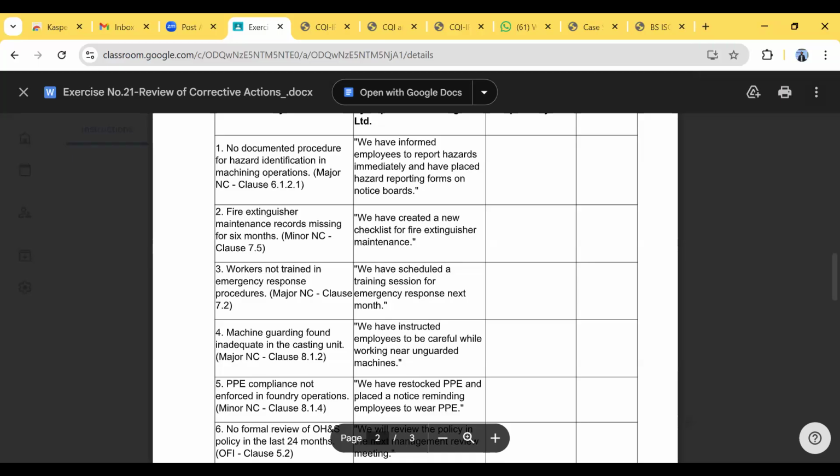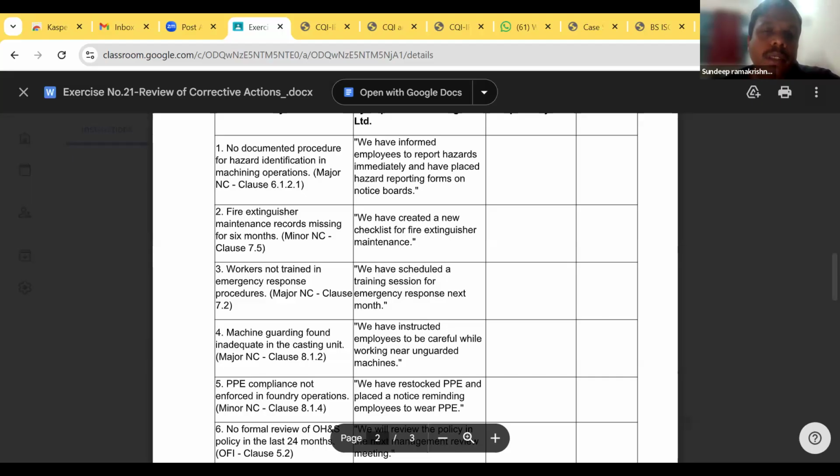Reject, sir, because it is not compliant with the hierarchy of controls, engineering controls. Very good. Even if they are instructed, they could unknowingly suffer severe injuries. The corrective action in this case should be to fix the machine guarding.